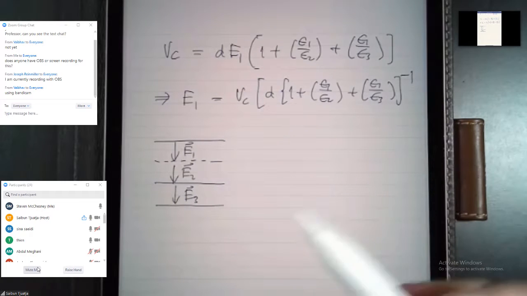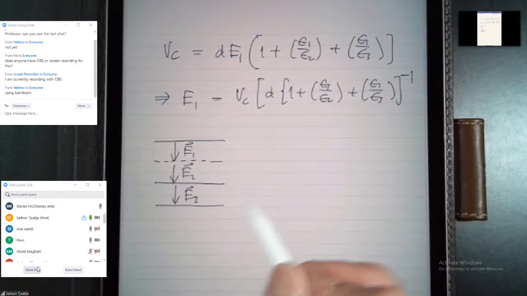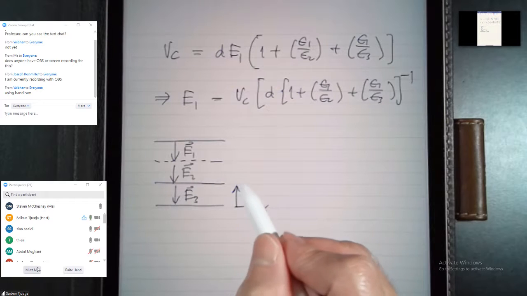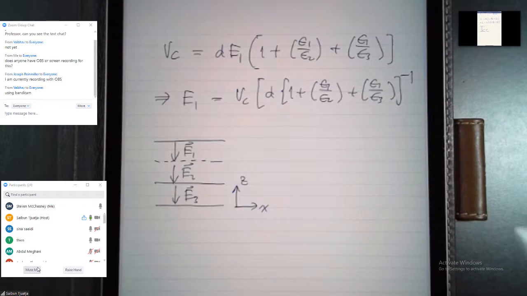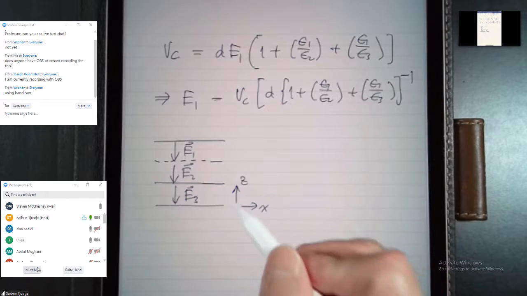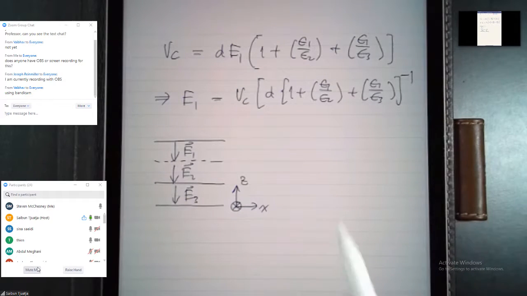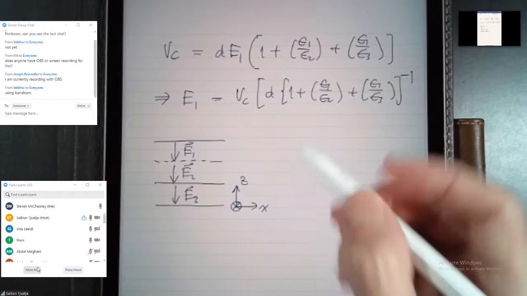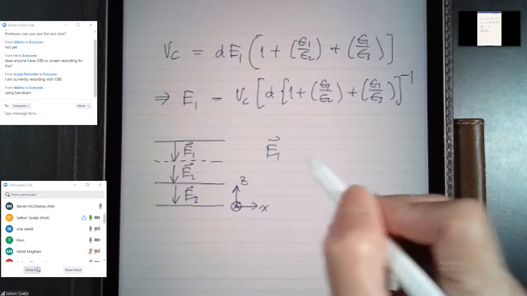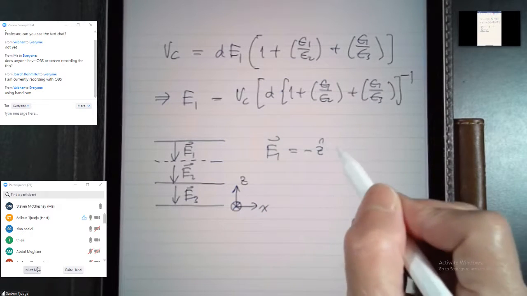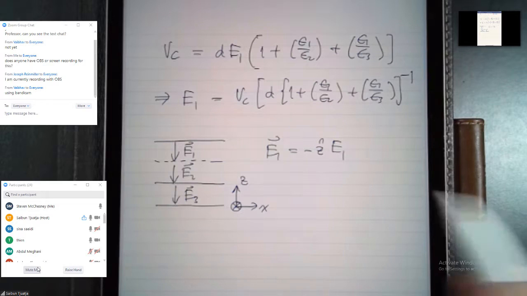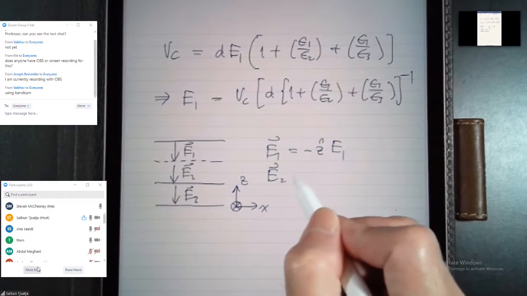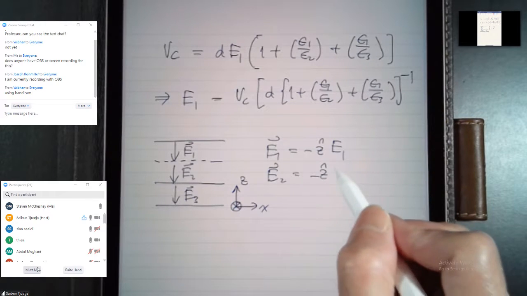It depends. If I use a coordinate system like this, where this is X, over here is Z, and Y is going in, X, Y, Z, then my E1 is equal to negative Z hat E1, and my E2 is also negative Z hat E2.